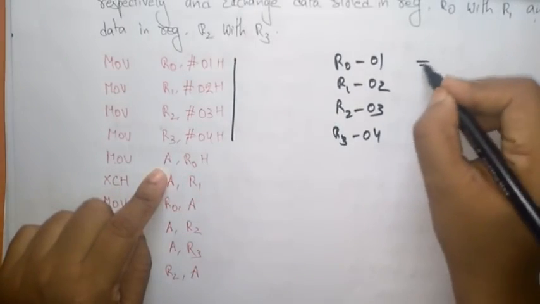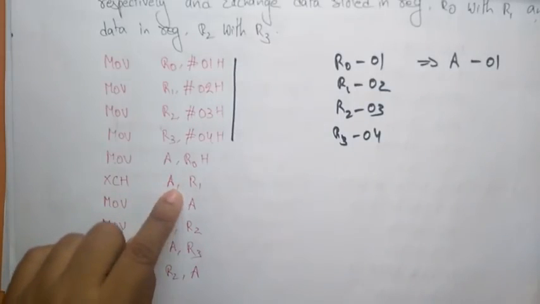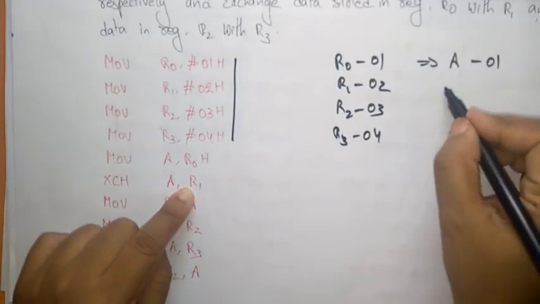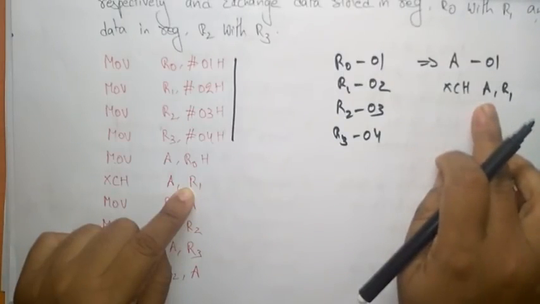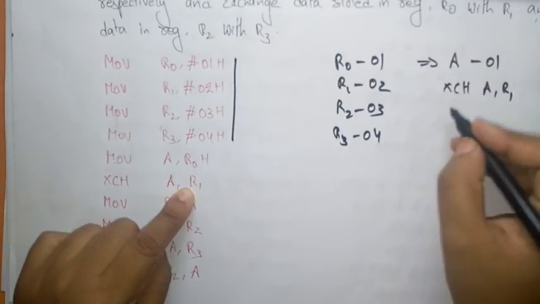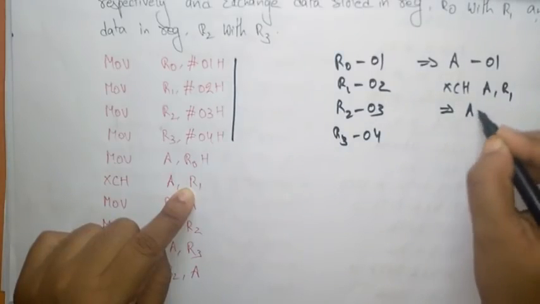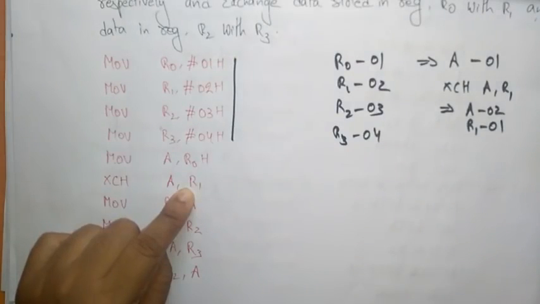Now the accumulator contains 01. Then XCH A, R1. Before this, R1 contains 02 and A contains 01. From this statement, now A contains 02 and R1 contains 01. So the values are exchanged.